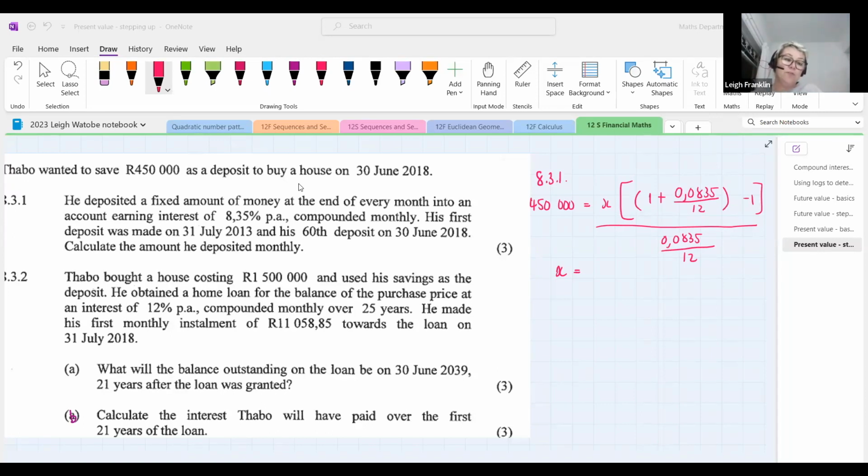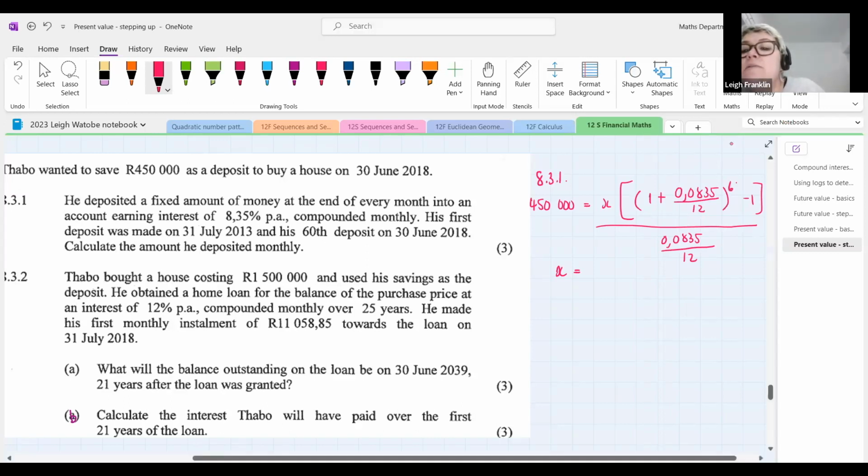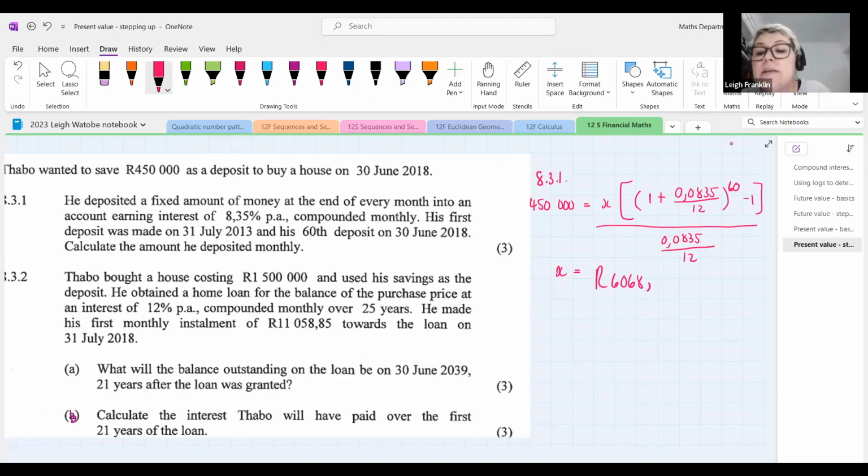From the 31st of July 2013 to the 30th of June 2018 is 5 years. If you pay an amount of money at the end of every month, then there would be 60 payments. 60 payments of X. So we should all be calculating that X was 6068,69.